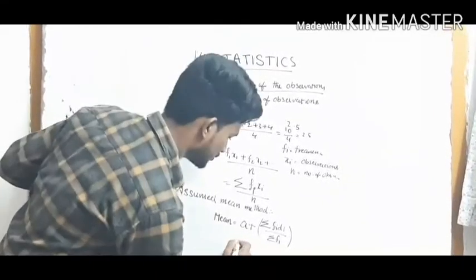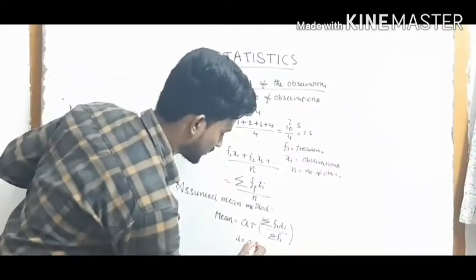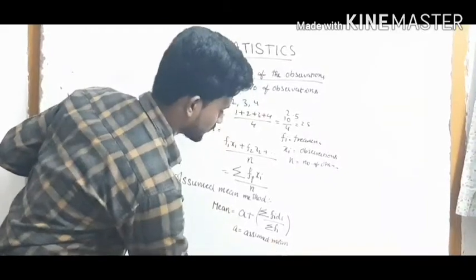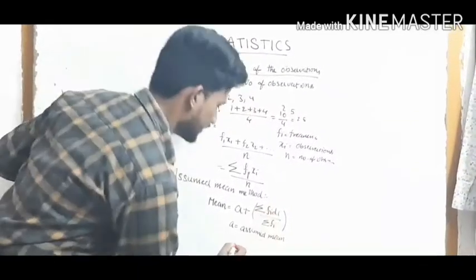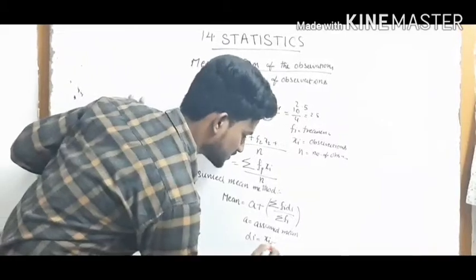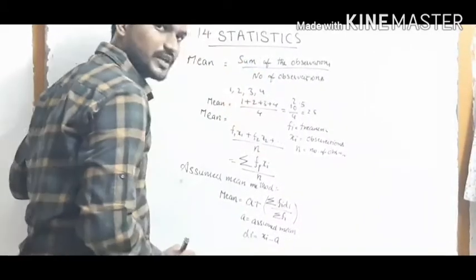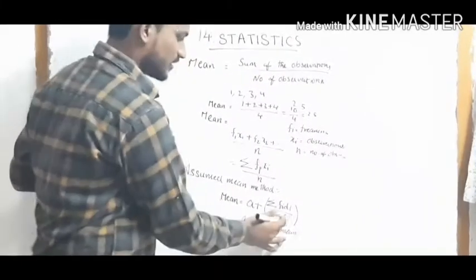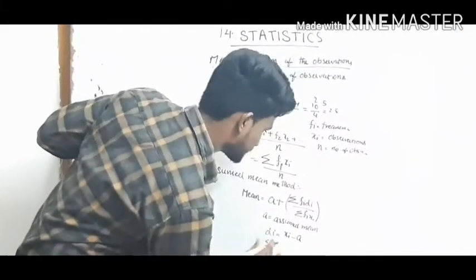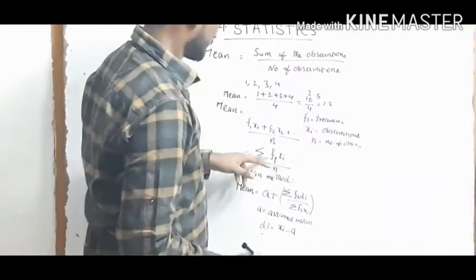Here a equals the assumed mean, and di equals xi minus a. Sigma fi xi is the sum of these observations.